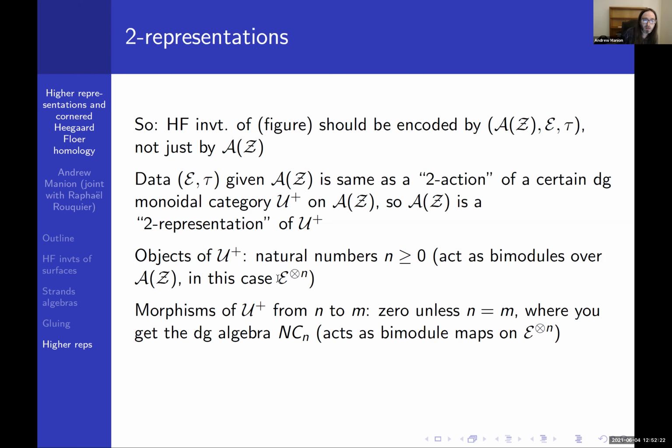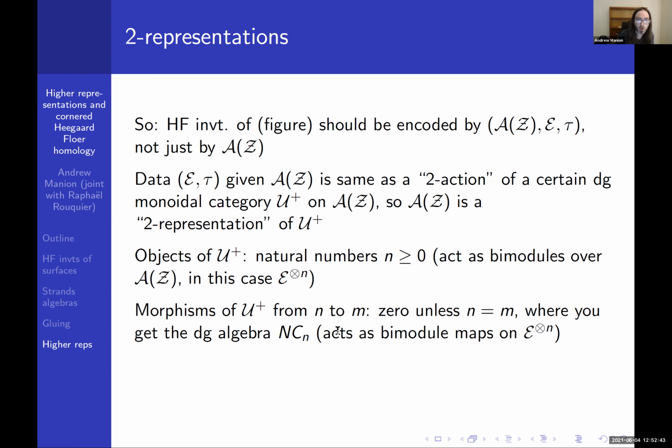And that's what the objects in this U plus are. The morphisms in this U plus are just all of these Nilcoxeter algebras. Morphisms between two objects that are not equal to each other are just 0. So all of the morphism spaces in this thing are built from these endomorphisms of n for every n, these Nilcoxeter DG algebras.